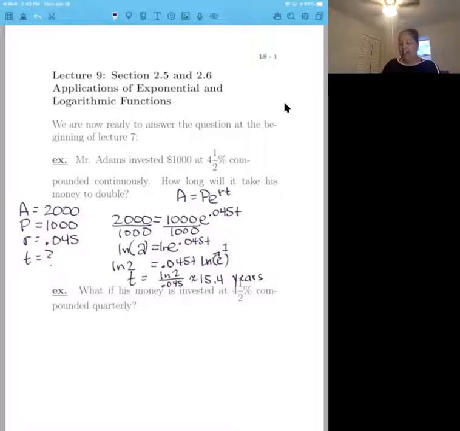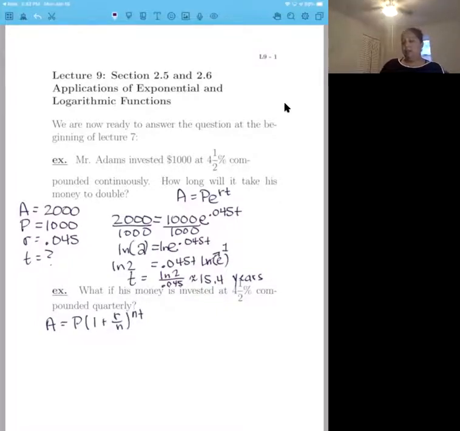What if his money is invested at 4.5% compounded quarterly? Then we need to use the formula A equals P times (1 plus r over n) to the nt. It's not compounded continuously, so we need a different formula.